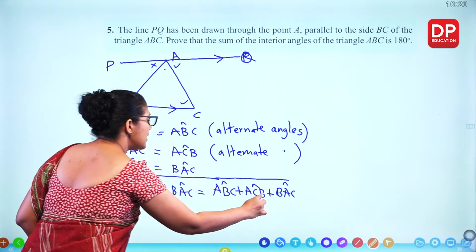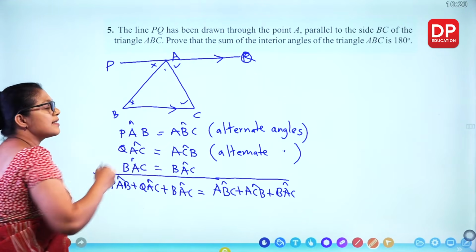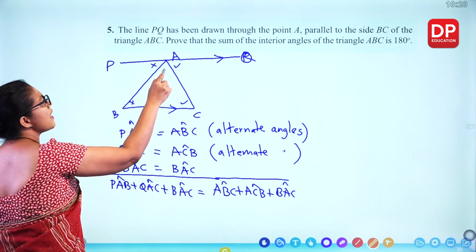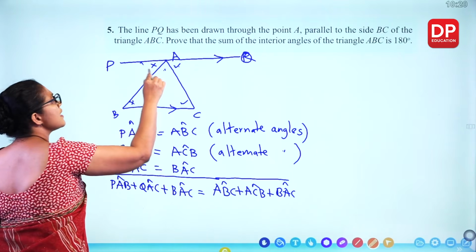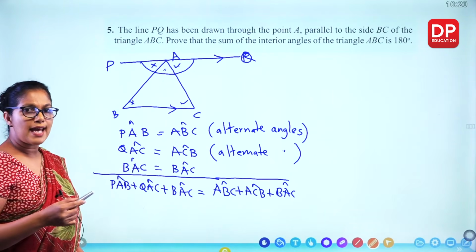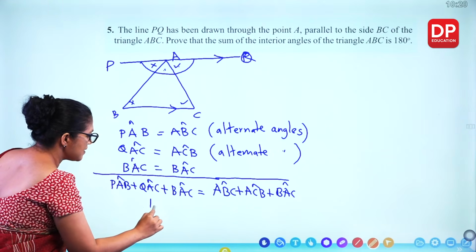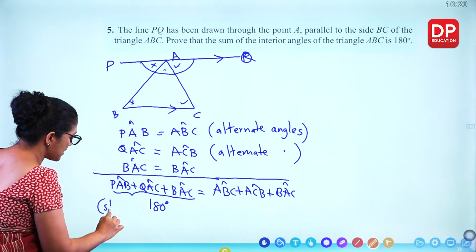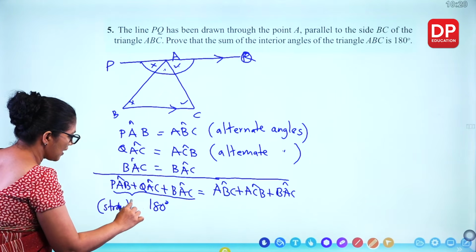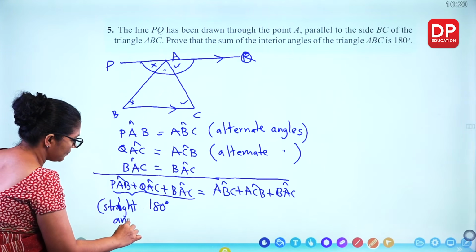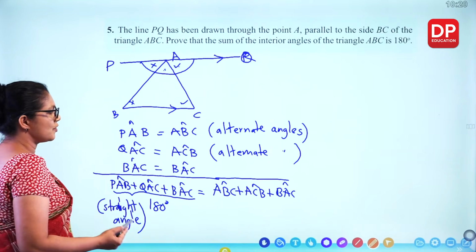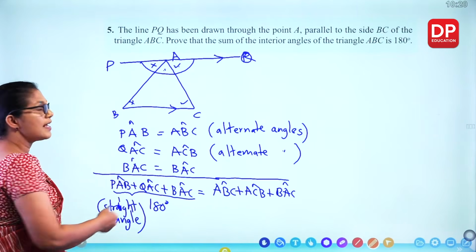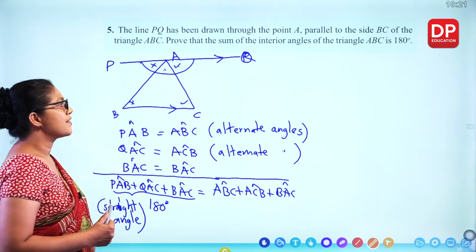So on this side, these three angles are the angles inside a triangle. Now what is this side? This plus this plus this. We know that's a straight angle. So I can write this is equal to 180 because of the straight angle. So what can I say? The angle sum of a triangle is equal to 180 degrees.